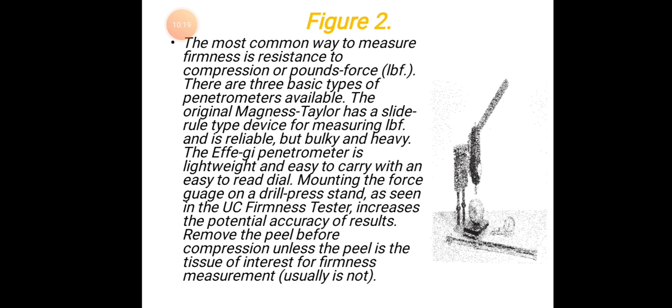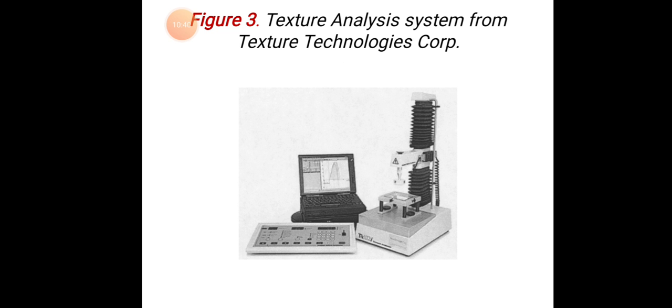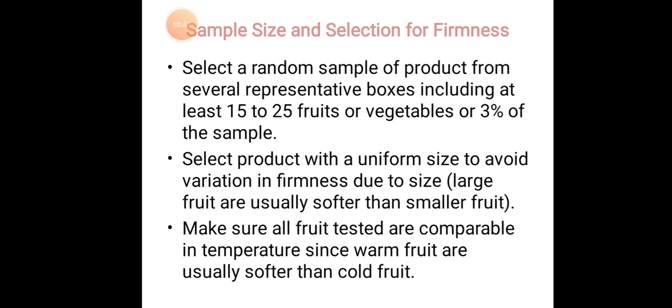Mounting the force gauge on a drill press stand as seen in the UC firmness tester increases the potential accuracy of results. Remove the peel before compression unless the peel is the tissue of interest for firmness measurement, which usually is not. Figure 3. Texture Analysis System from Texture Technologies Corporation.